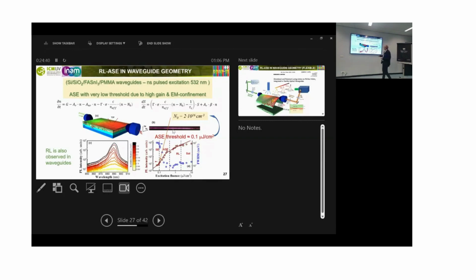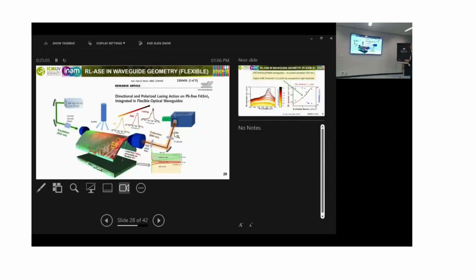And with this device, of course, due to the high confinement for the light in the vertical direction, we can have a very low threshold of around 0.1 microjoule. That is also important for devices, of course, for having highly sensitive devices.